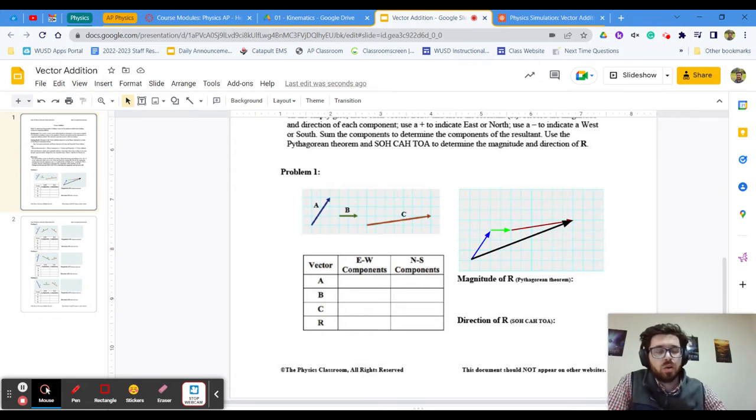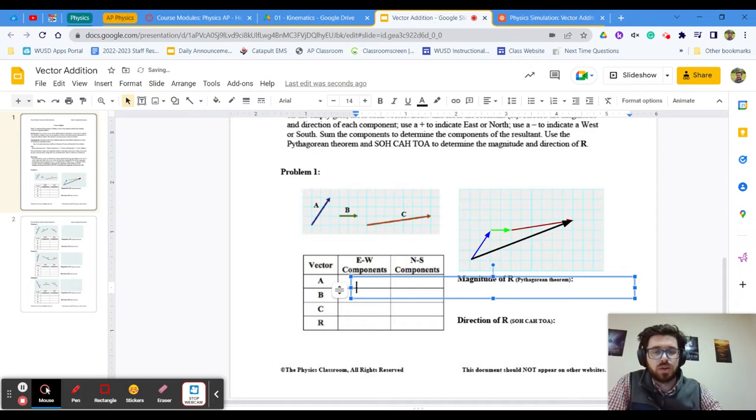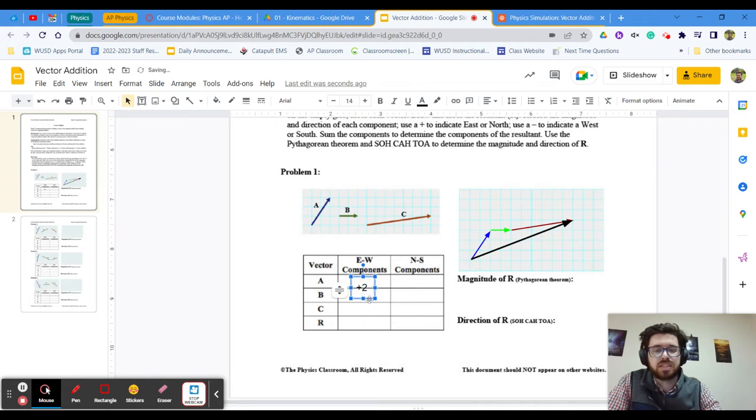Okay, now we could go ahead and measure the components. We could fill in the table. So let's start off with filling in the table. So for A, the east-west component, this one had a positive 2 to the west. So let's go ahead and put that in. And obviously you can fast forward if I'm talking a little slow.